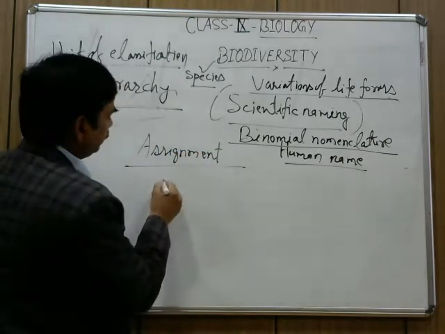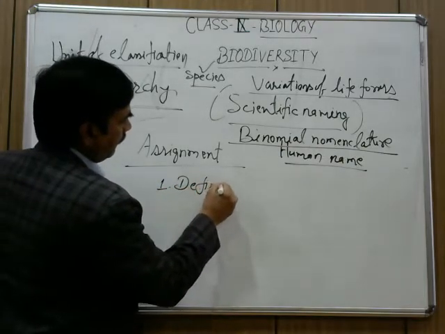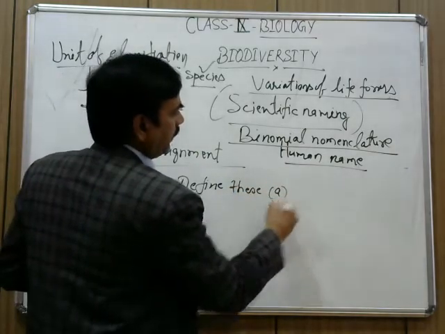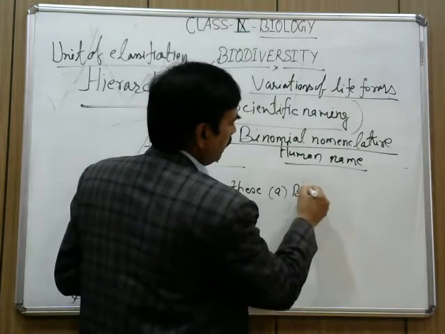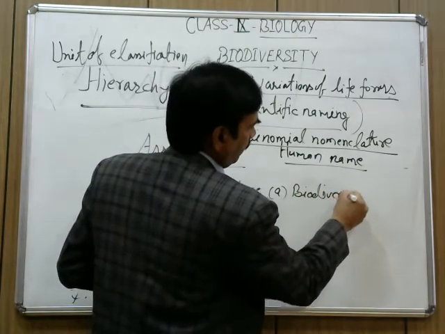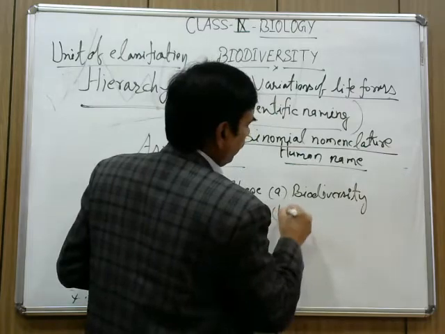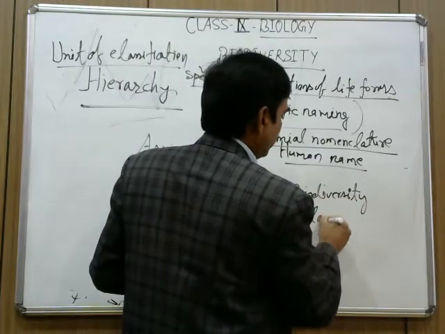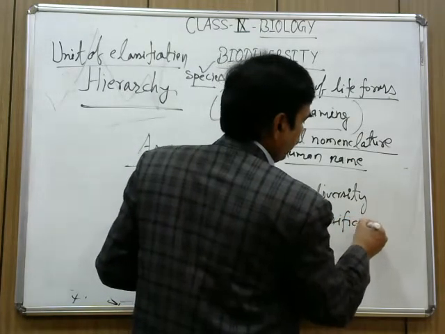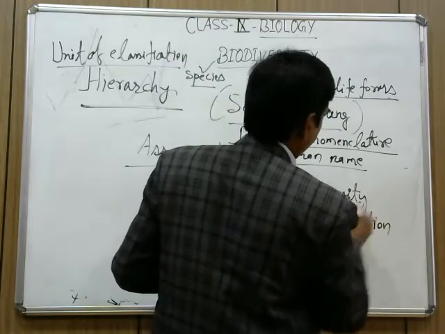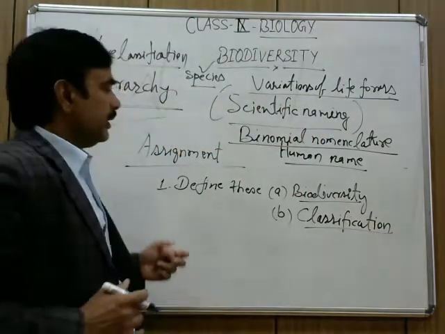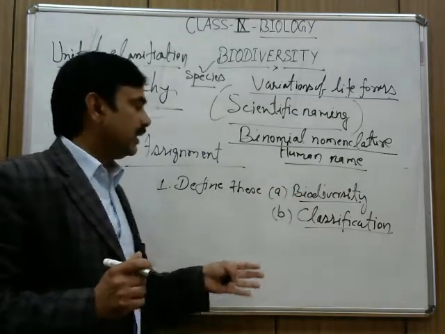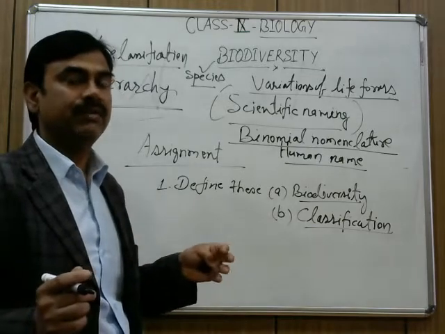Number 1, define these: A. Biodiversity, and B. Classification. So you have to give the definition of biodiversity and the definition of classification.